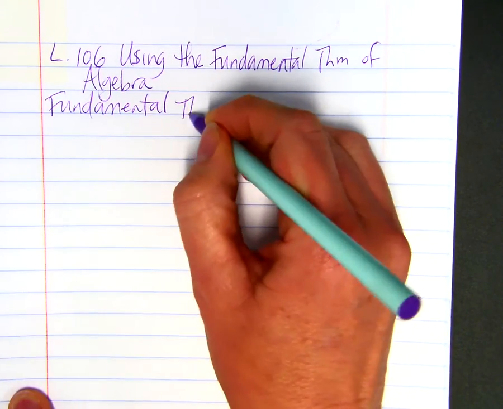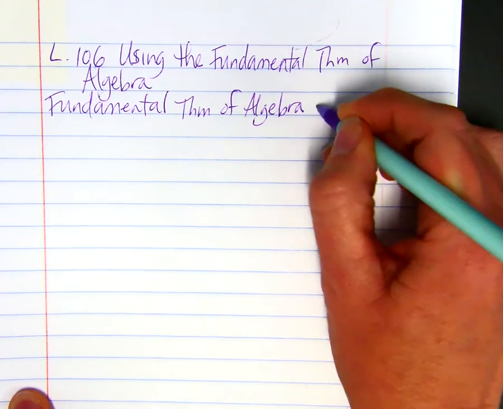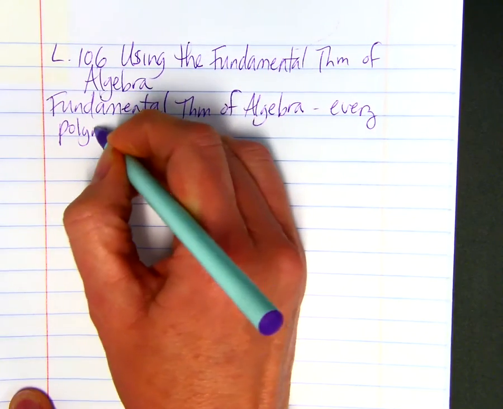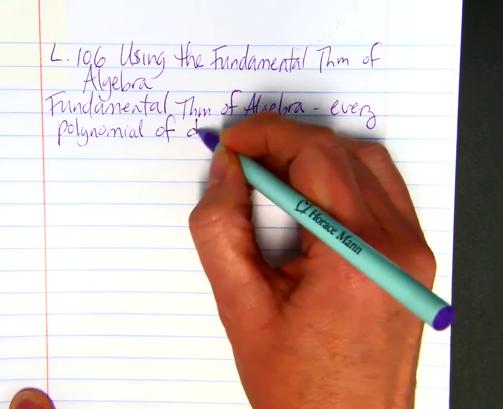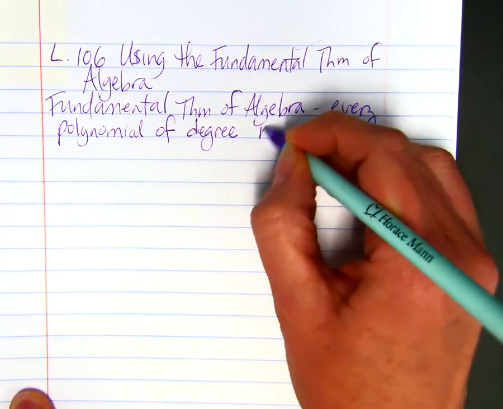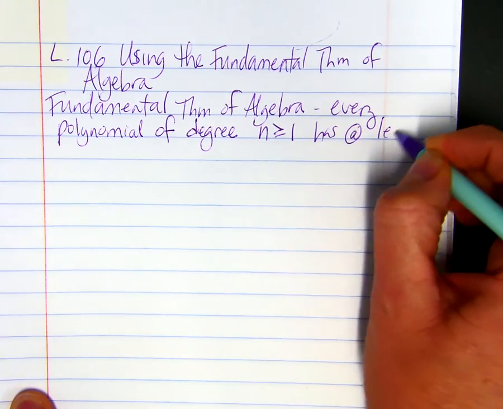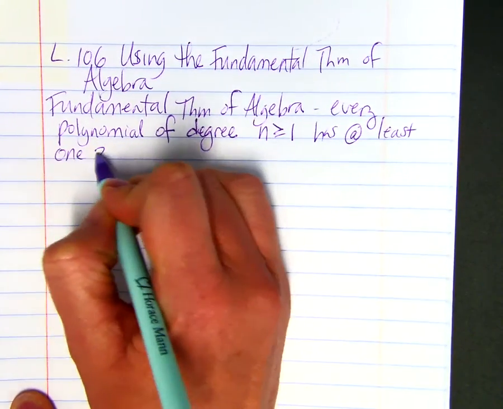Fundamental theorem of algebra states every polynomial of degree n greater than or equal to 1 has at least 1 zero in the complex numbers.